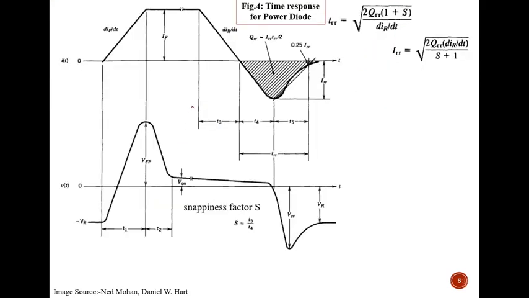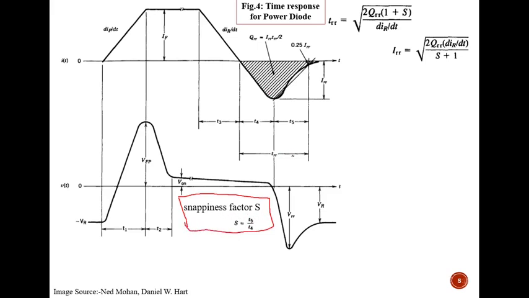Remember the diode switching characteristics, there are two points of interest always drawn. The first one is the voltage peak whenever the device is turned on, and another one is the reverse recovery charge. Here one of the characteristics plays a role, that is the snappiness factor.